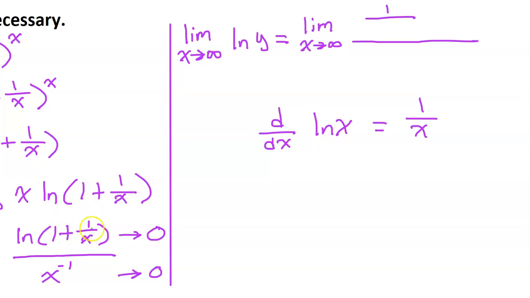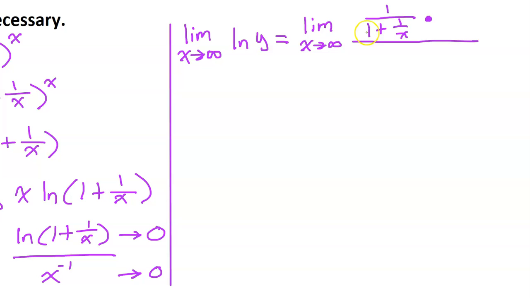But because I have this entire expression, instead of just 1 over x, I'm going to have 1 over 1 plus 1 over x, all right? Everything on the inside. Because I have a whole function inside of the natural log, I have to use the chain rule, and I have to go ahead and multiply by the derivative of what's inside of here. I have to multiply by the derivative of this.